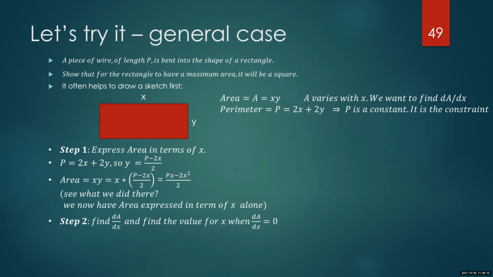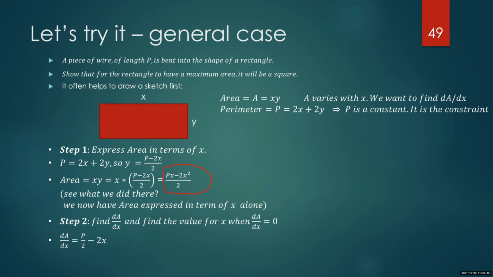So step 2 now is find dA dx. And then we're going to find the value for x when dA dx is equal to 0, because that's going to be a local maximum or a local minimum. So dA dx is equal to p over 2 minus 2x. Just a reminder, we're differentiating this: differentiate px, you get p, differentiate minus 2x squared, and you get minus 4x, but you're dividing it all by 2.